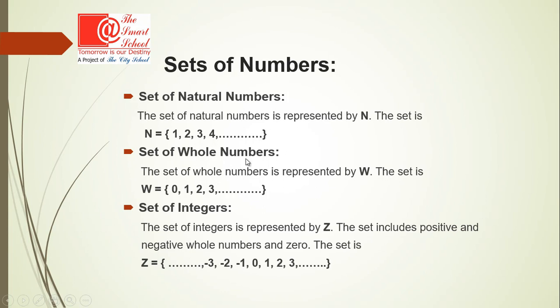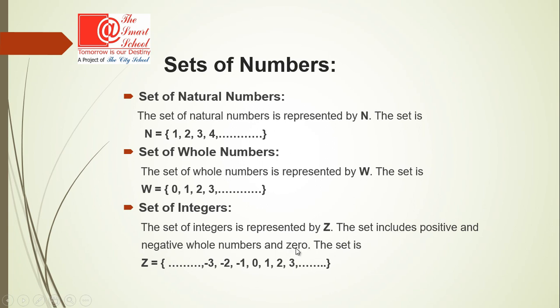And set of whole numbers, you know the difference? Yes, exactly. Only 0 is added in natural numbers to make it whole numbers. So 0, 1, 2, 3 and onwards are whole numbers, and it is represented by W. Now, set of integers, you know that all the positive and all the negative numbers are called integers, including 0.